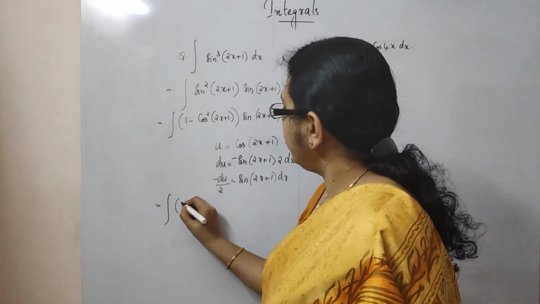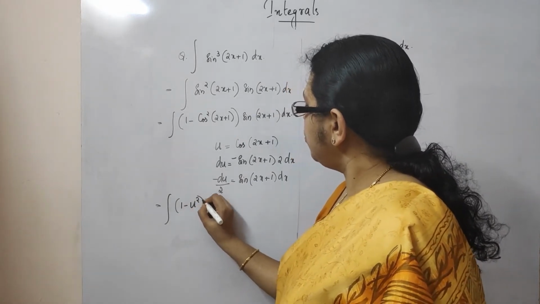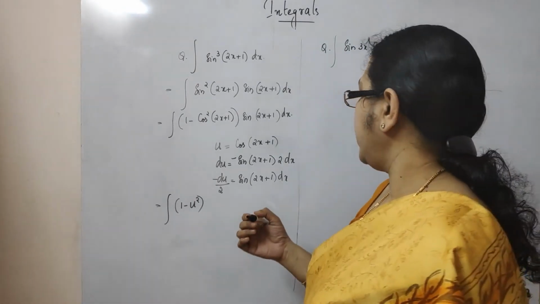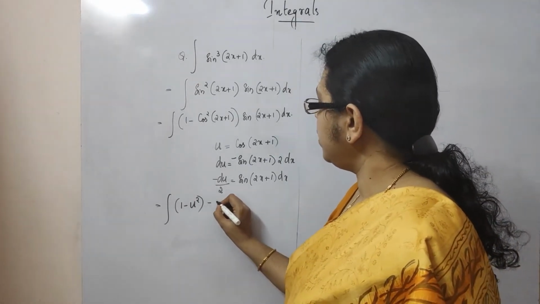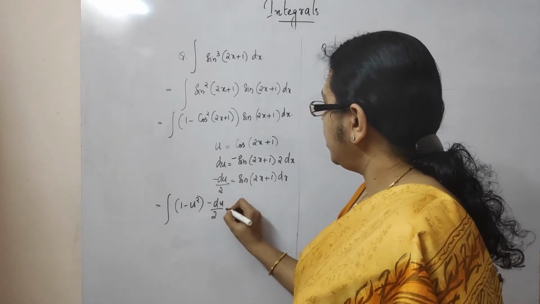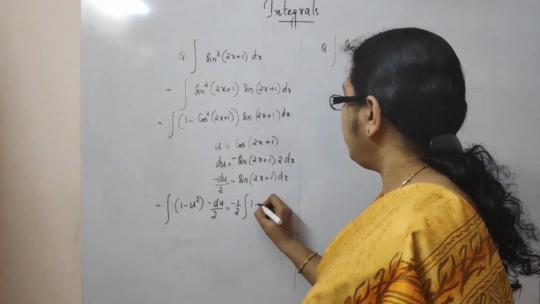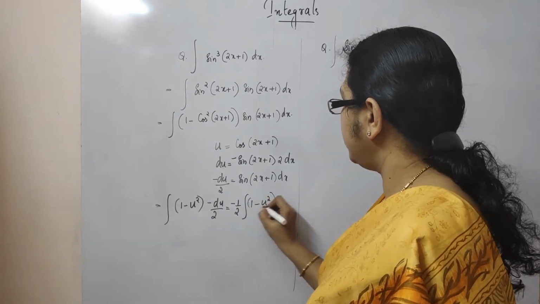So what do I get? 1 minus u square into minus du by 2. That is minus 1 by 2 into the integral of 1 minus u square into du.